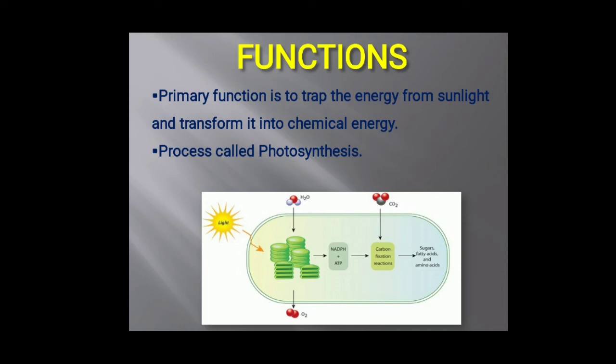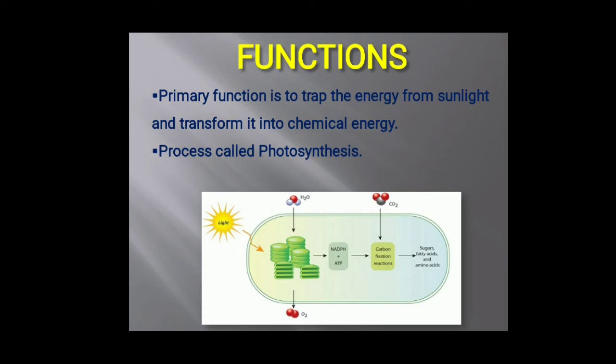Plants prepare their own food material by using carbon dioxide, water, sunlight and chloroplast, and produce food material in the form of glucose. The primary function of chloroplast is to trap the light energy from sunlight and transform it into chemical energy in the form of glucose.